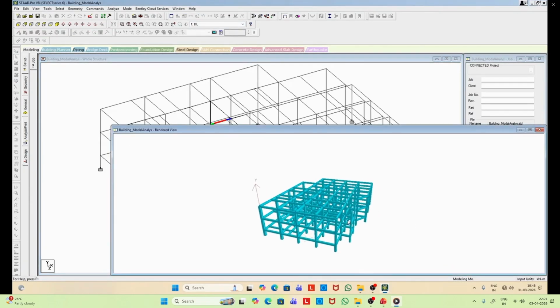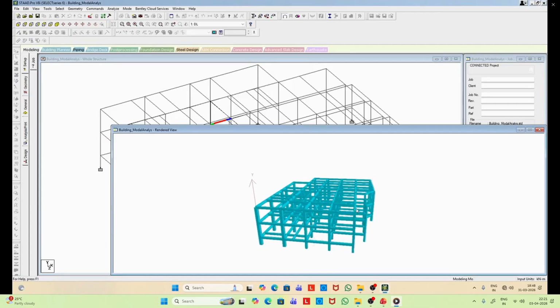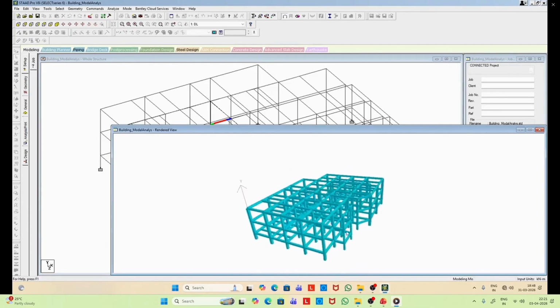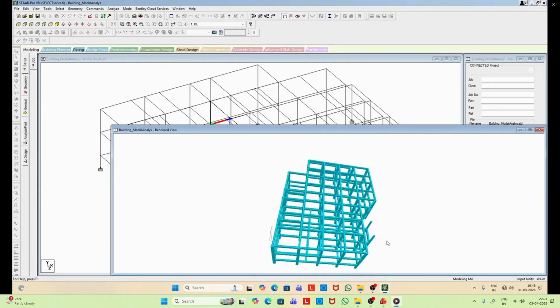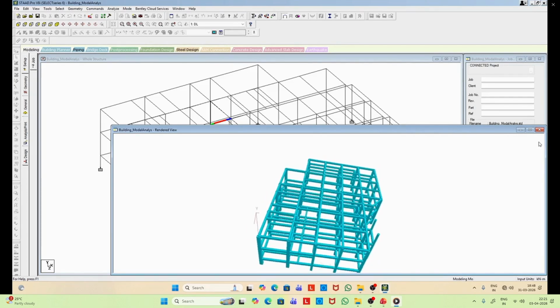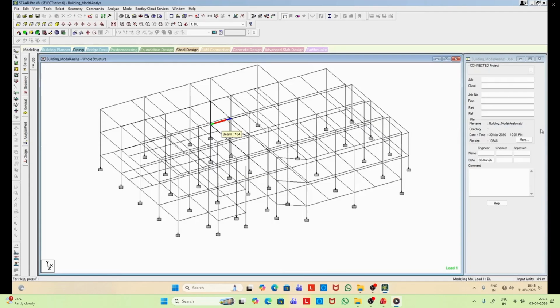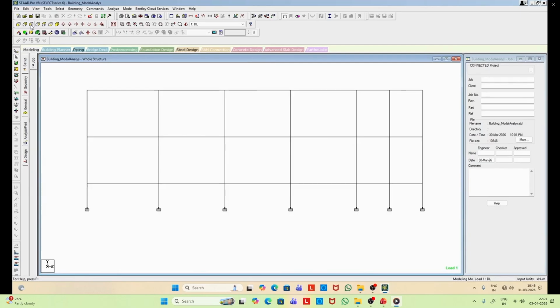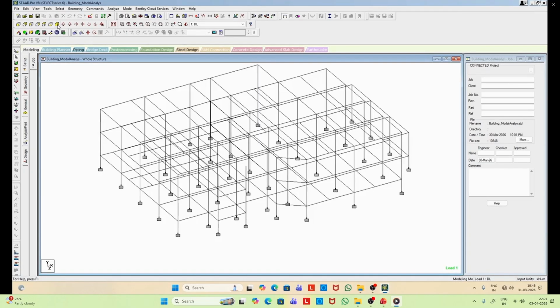Here one small thing is there. As you can see in the 3D rendering, we removed that beam, but two columns are still there. We have to first delete those two columns. That we will do in a minute, and then we will see how we can apply the mass of the structure and then do the modal analysis.